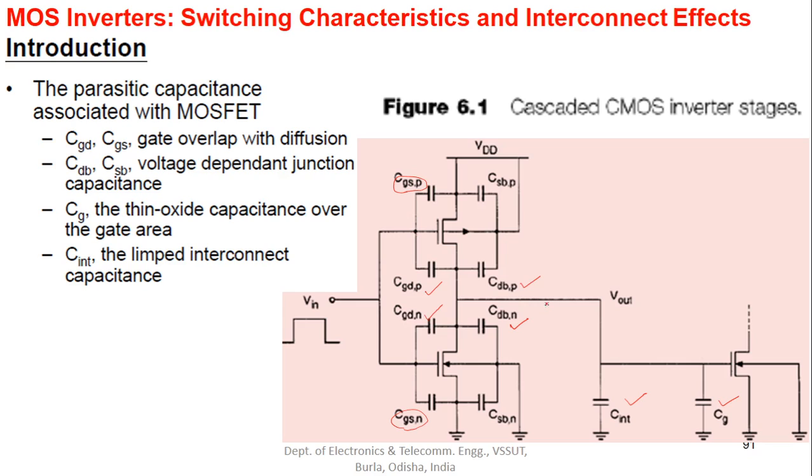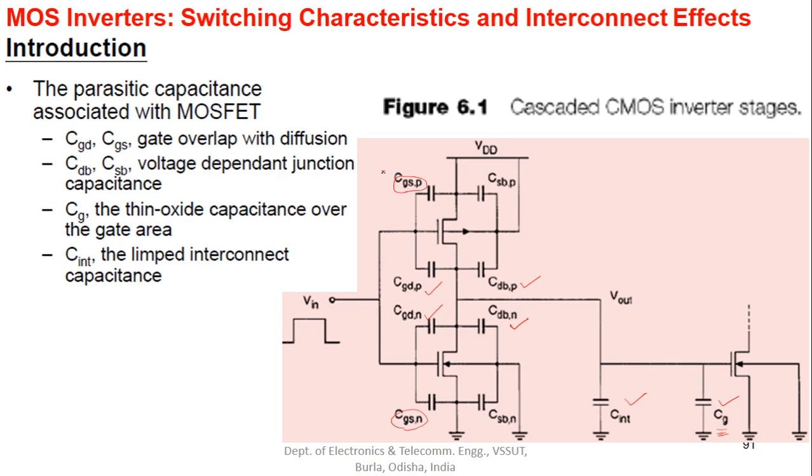But for the next stage, definitely these two capacitances should be taken into account. For the next stage, these input capacitances will become the input capacitance of the next stage, and will come into this CG. This is also at the output side of the first stage and the input side of the next stage.